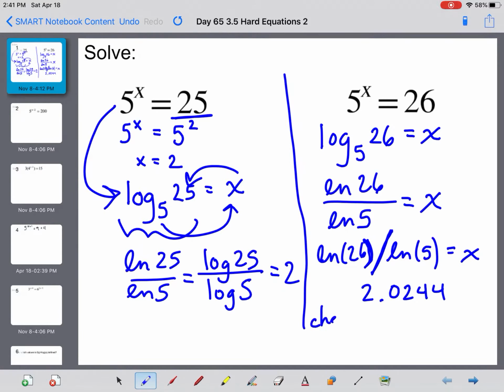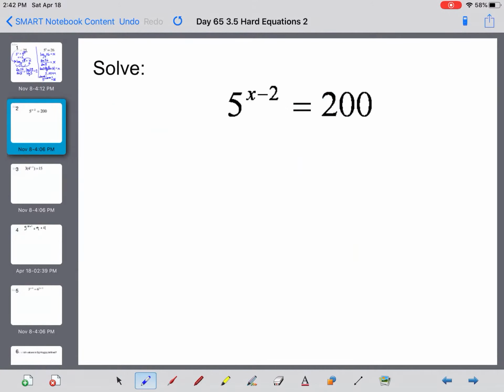Of course, you can check yourself and say, is 5 raised to this power equal to 26? It's not going to be exactly equal to 26 because you did some rounding here, but it's going to be really, really close. As long as you're really close to 26, you should be good to go.